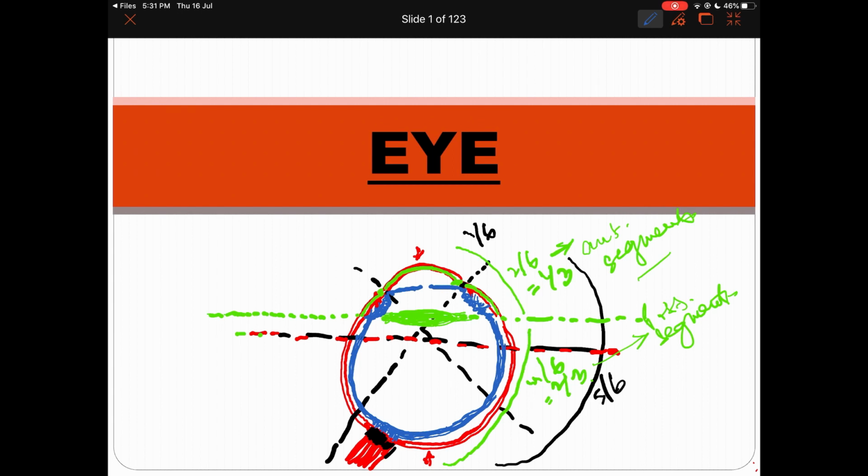So this whole blue color makes up all 6 parts. Out of this, 4 parts are the choroid, under the unexposed sclera, the ciliary body under the visible sclera, and the iris under the cornea, where you have seen the pupil in the center.